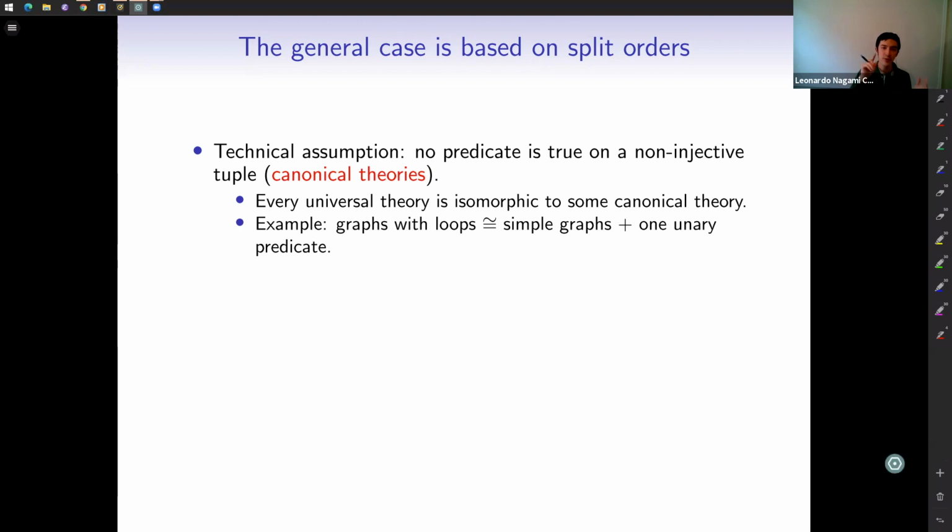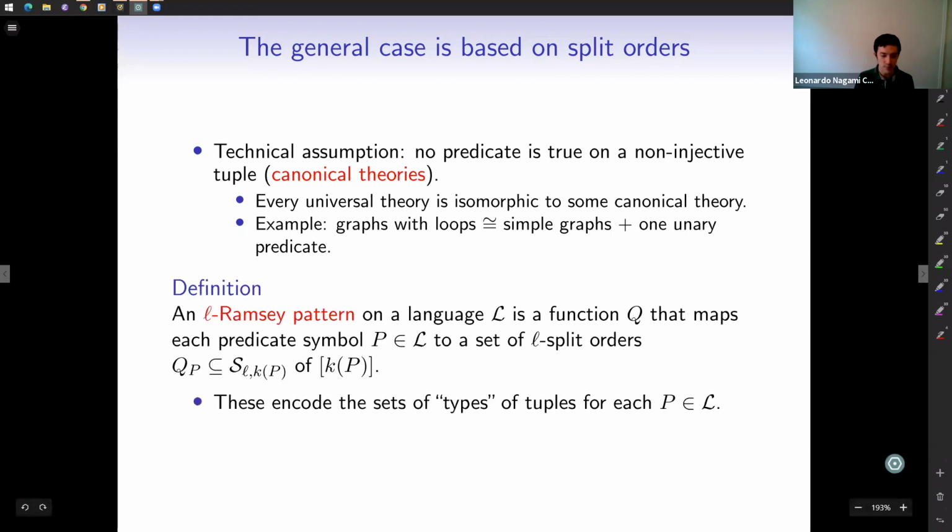In graphs with loops, you're allowed to say E(x,x), where E is the adjacency relation. But you wanted a canonical theory. So instead of doing that, you encode graphs with loops by saying, well, it's just a simple graph and you have an extra unary predicate that is true whenever you have a loop. So that's how you encode graphs with loops into a canonical theory. And this can be done in general.